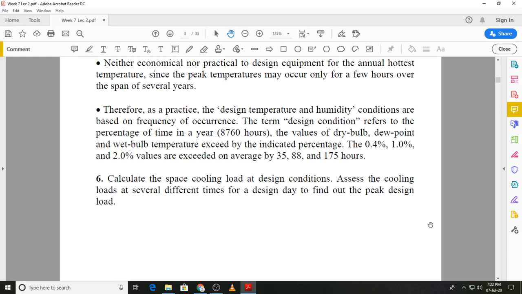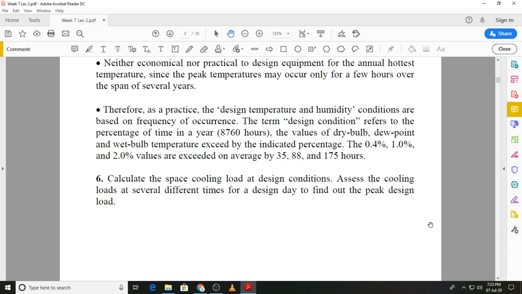So you wouldn't just focus on one maximum temperature that occurred for a few hours at some point and then size your cooling equipment based on that temperature as your outside design temperature. Because if you do so, your air conditioning plant will definitely be oversized.